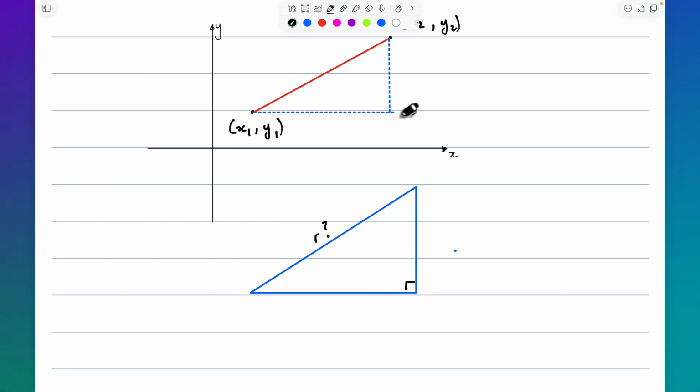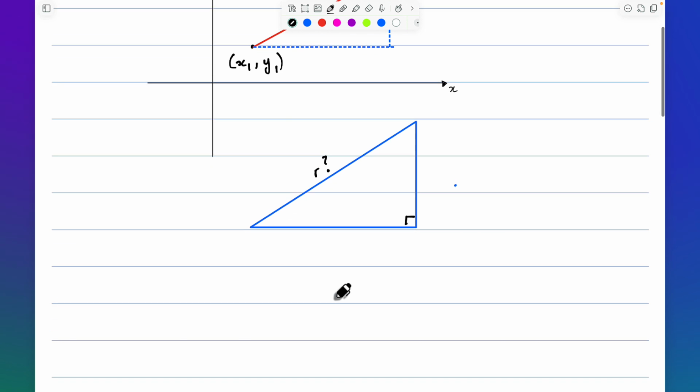This is horizontal, this is vertical, and horizontal is always at 90 degrees to the vertical direction. So if I have a right angle triangle, all I need to ask myself is, what is this distance over here and what's this distance over there? Then we can use Pythagoras theorem to calculate the hypotenuse, or what r is, the distance between the 2 points.